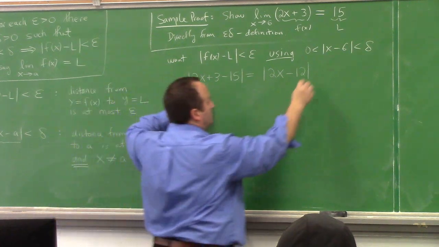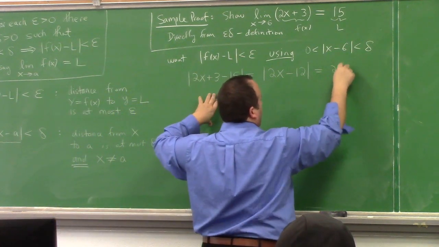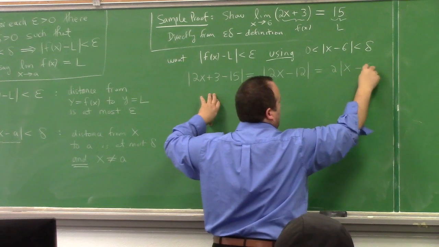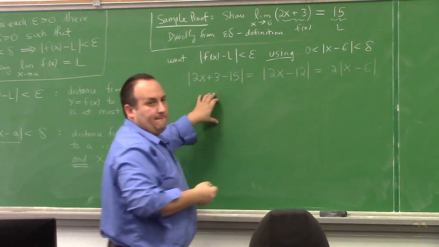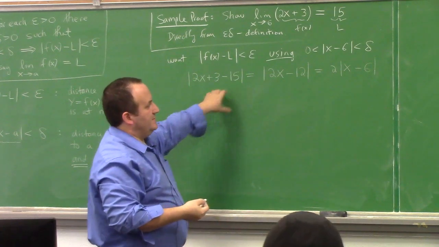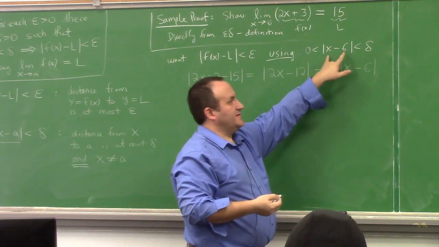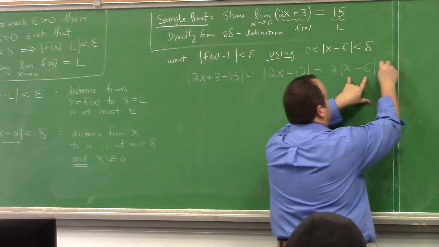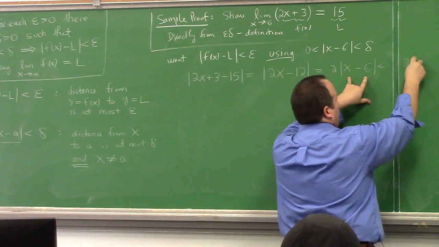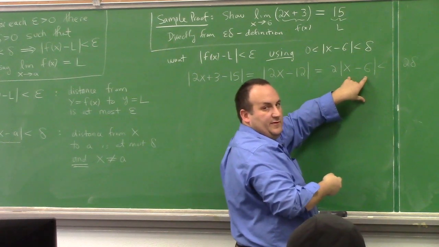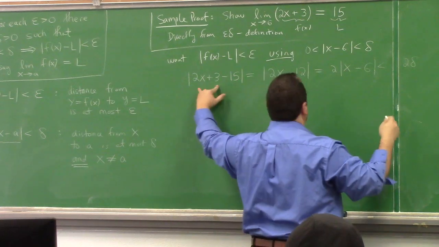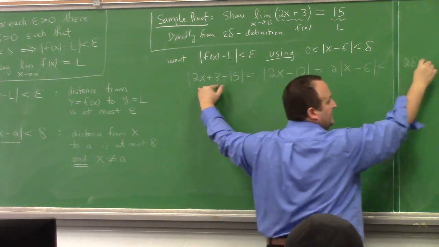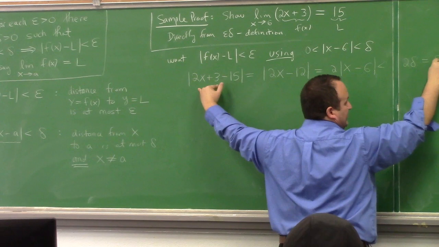That gives us 2 times (x minus 6). Now, we're allowed to make this less than delta, so this is less than 2 delta. And we want to make this less than epsilon, right? So if we set this equal to epsilon, it looks like we're in business.